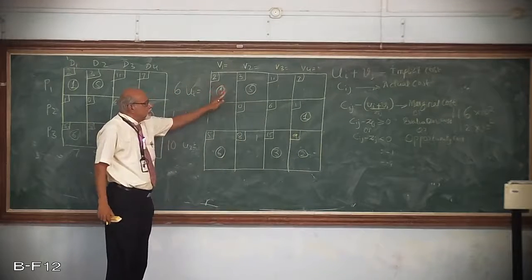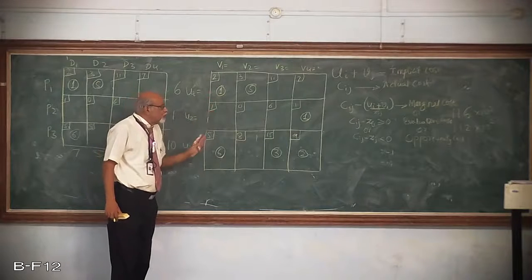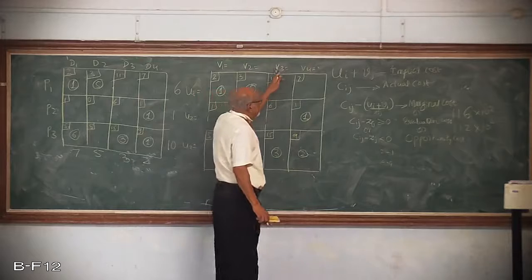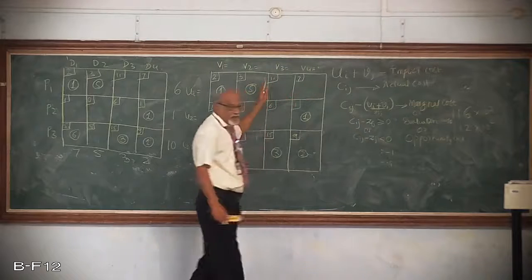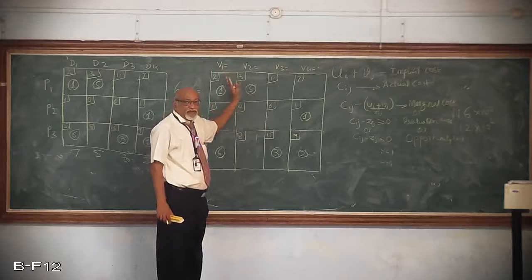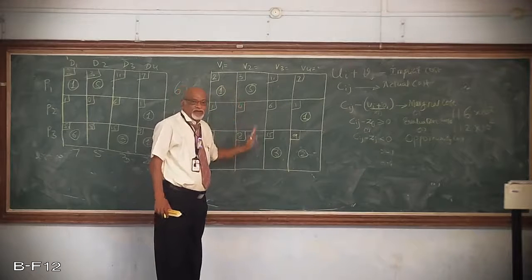So the total cost of this is going to be 102 into 10 to the power of 2 rupees. Having done this, now I need to check it for optimality. To check it for optimality, I need to find out the Ui and Vj values. How to find them?